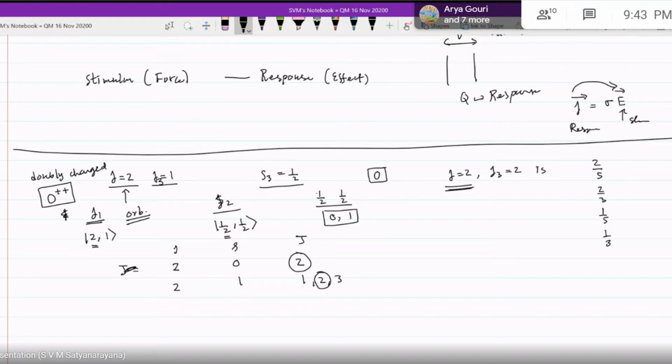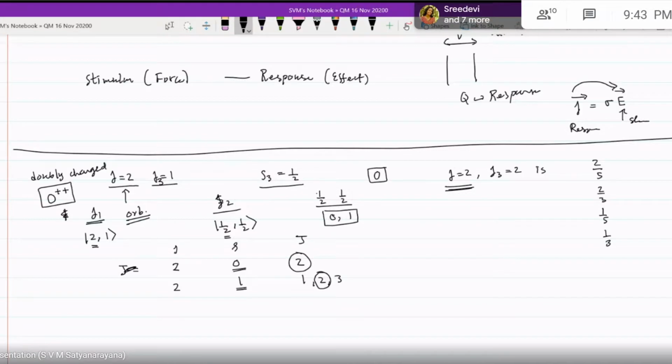If at all something is added, it is added only through the spin. So spin can add something like 0, or something like 1.